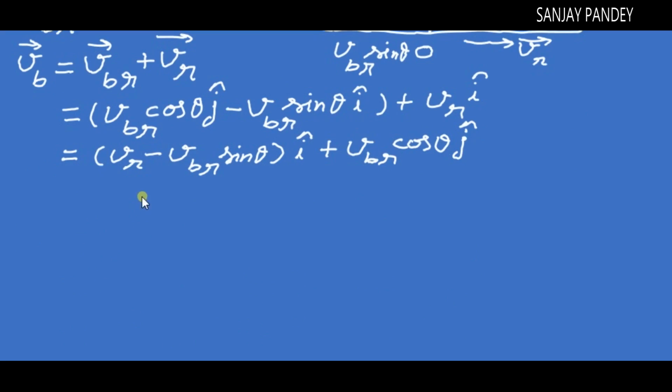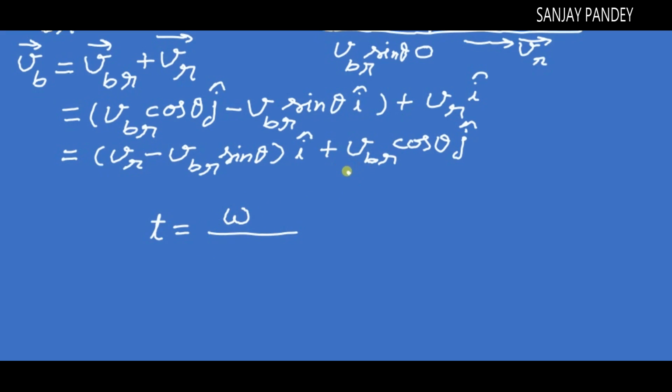If W is the width of the river, then the time taken by the boat to cross the river is T equal to displacement along the y-axis upon the velocity component along the y-axis.